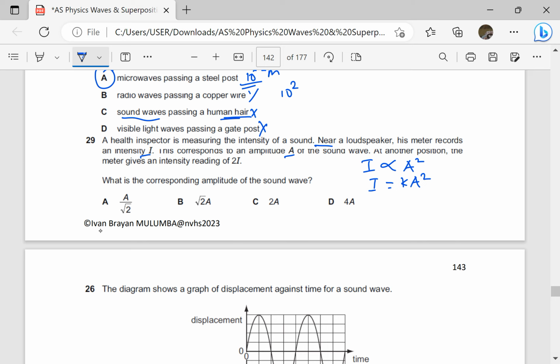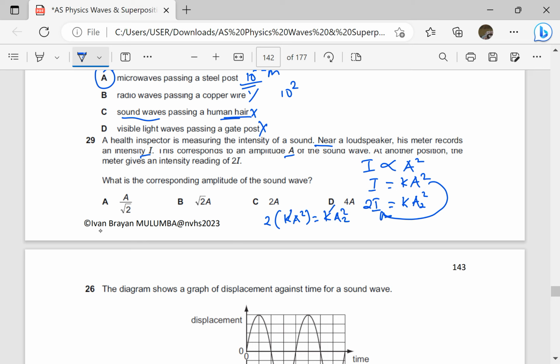At another position, the meter gives an intensity reading of twice I. Now when the intensity is twice I, this is equal to a constant times the new amplitude, which I will call A2 squared. Now we combine these two equations. I can substitute for I in the second equation, so 2 times K A squared is equal to K A2 squared.